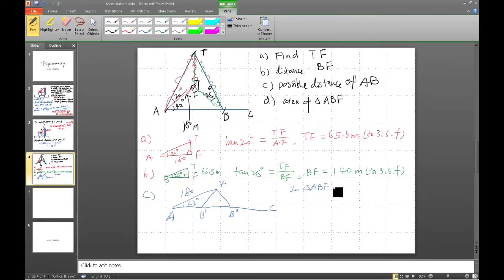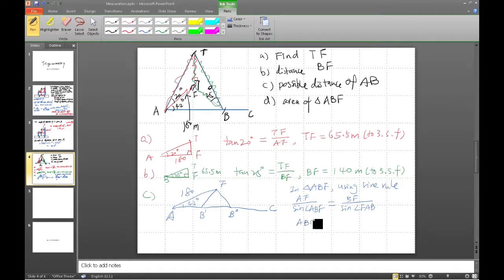Therefore, in triangle ABF, we can use sine rule to find our angle ABF. In this case, AB prime F or AB prime prime F. Therefore, AF over sine angle ABF equals to BF over sine angle FAB.